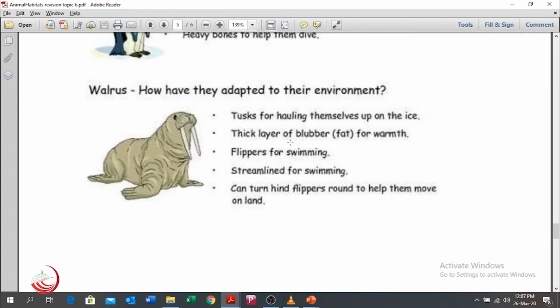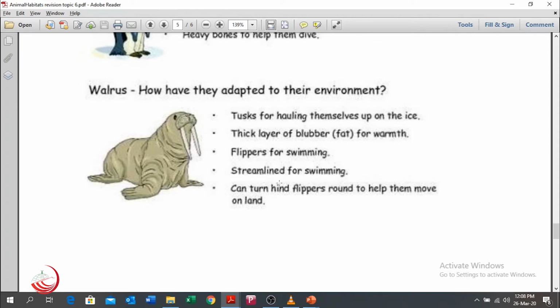They have a thick layer of blubber or fat for warmth. Flippers for swimming. These are flippers. It's hands and feet. Those are flippers. So we studied claws in polar bears. Polar bears have claws. Walruses have flippers. Streamlined for swimming.